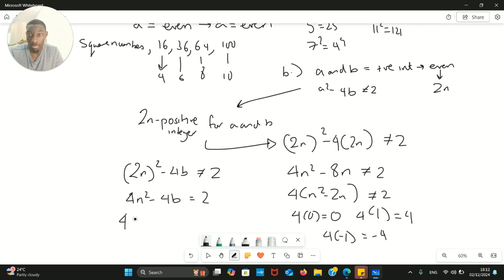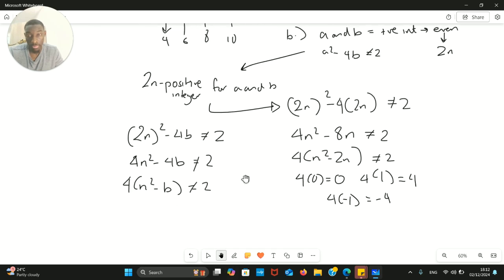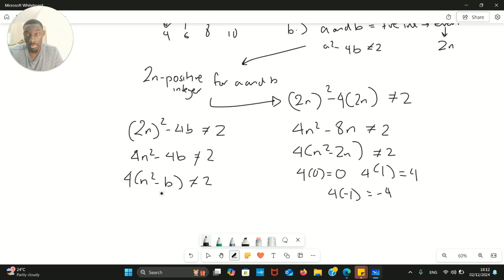If I was to factorize it out by 4, I would have n squared minus b is not equal to 2. Again, I can see that anything that is a multiple of 4 would not give me 2, whether it's negative or positive. So therefore, it will never equal 2.